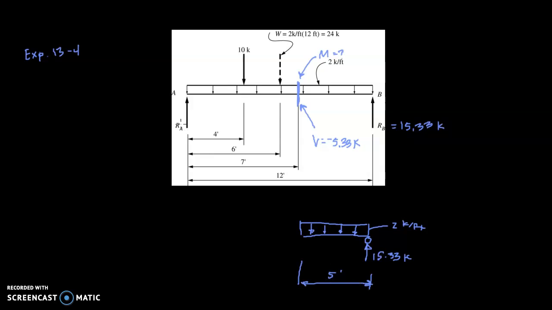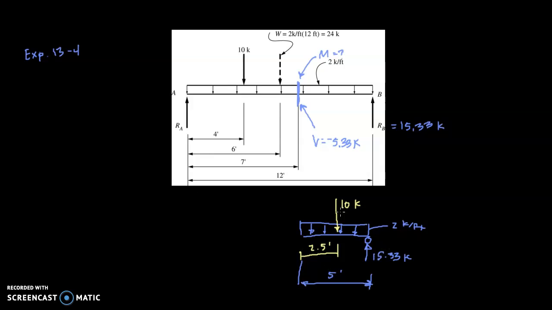So that makes for a total load due to the distributed load of 10 kips applied at the midspan of this half of the beam, so at 2.5 feet from this edge of the beam.